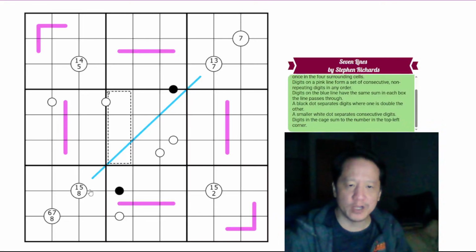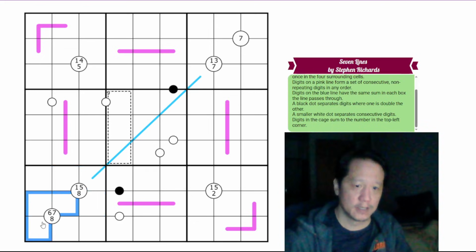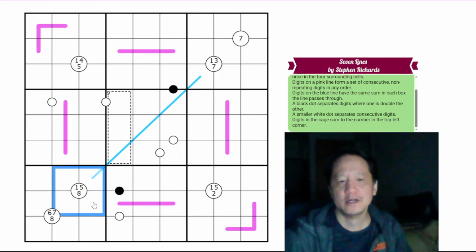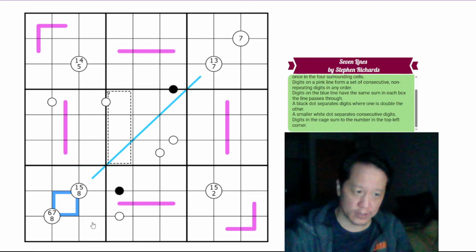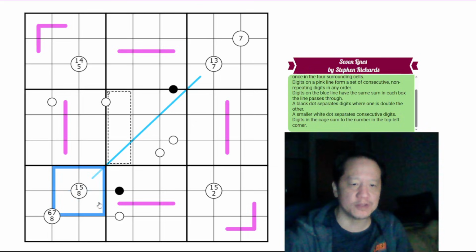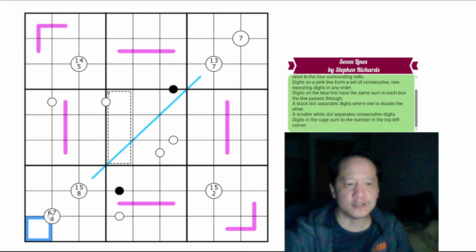Okay, so we have in this upper right-hand box and this lower left-hand box 2 sets of quads. And in both of these quads, there has to be an 8. That means this cell must be an 8 here, because this requires an 8 surrounding this quad, and there has to be an 8 surrounding this quad, and the only way that 8 can be there to be surrounding both of those quads is here.